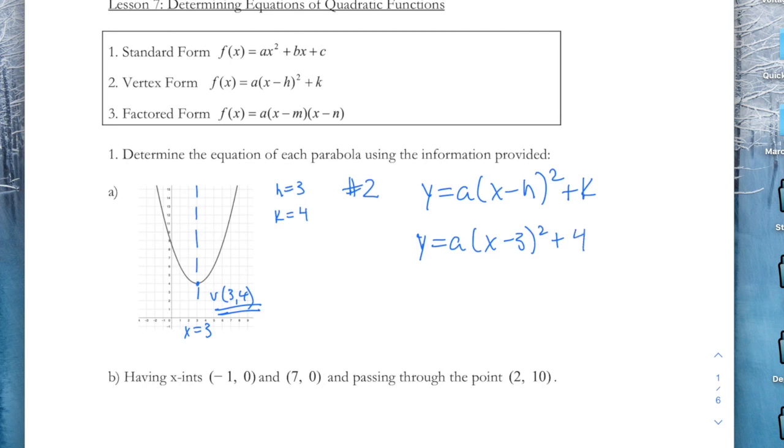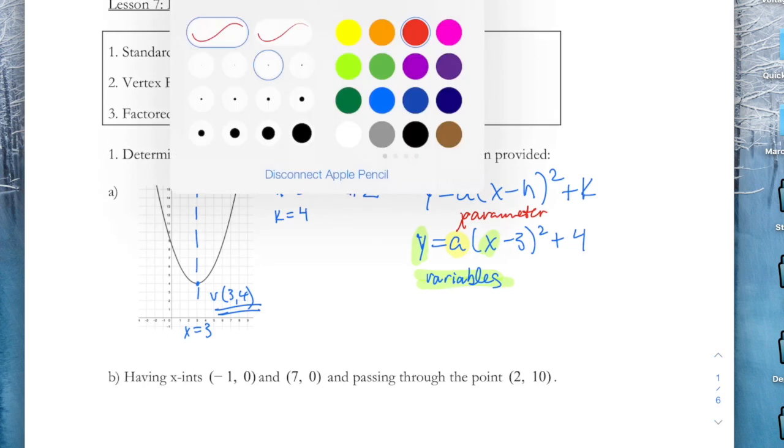We've discussed in the past the difference between a variable and a parameter, and we know that x and y are the things that we call variables. And the thing that we call a parameter is going to be a. So a is the thing that we're still looking to find.